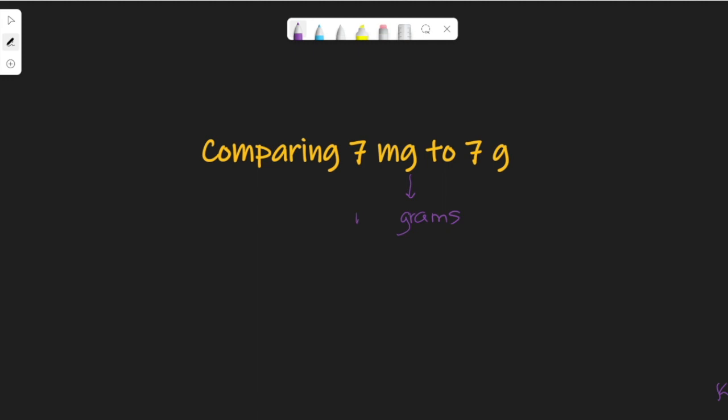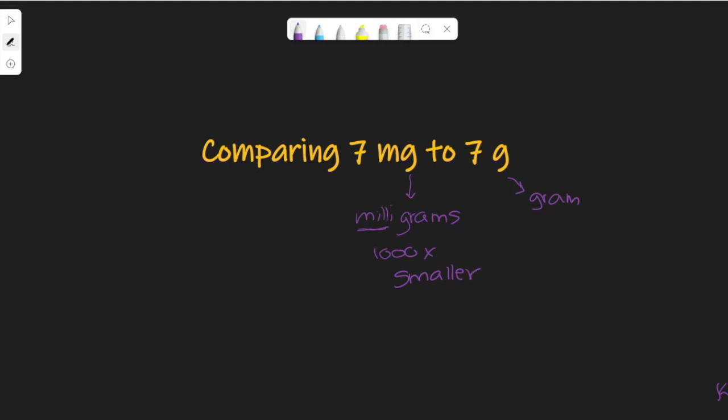So this is actually a milligram, and here, of course, is just a gram. Now I know that a milli is making this number smaller, and I just want to think about how many times smaller. When we look back at our table, we see that it is 1,000 times smaller.